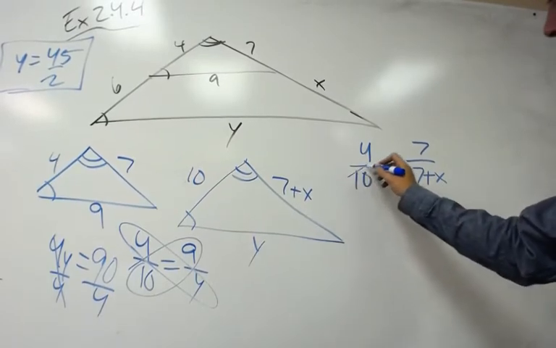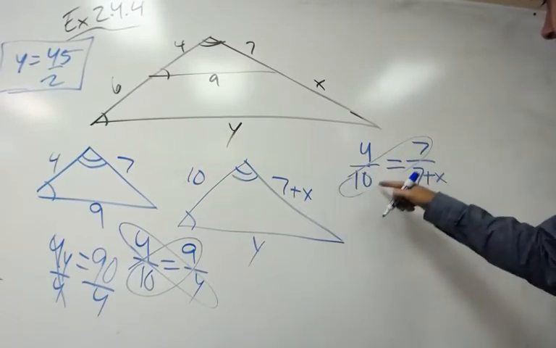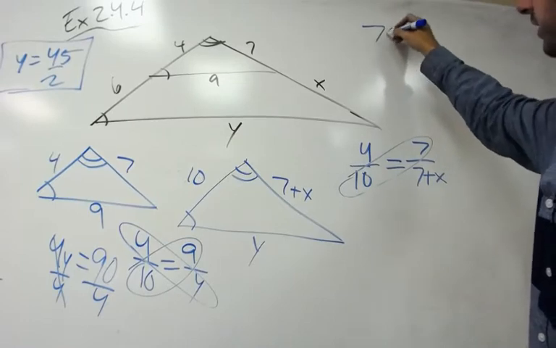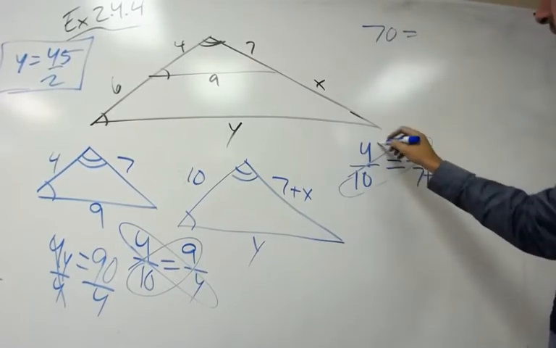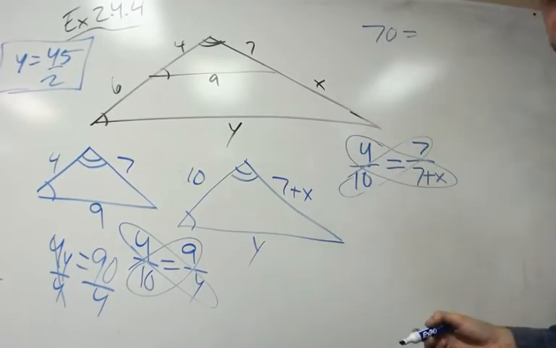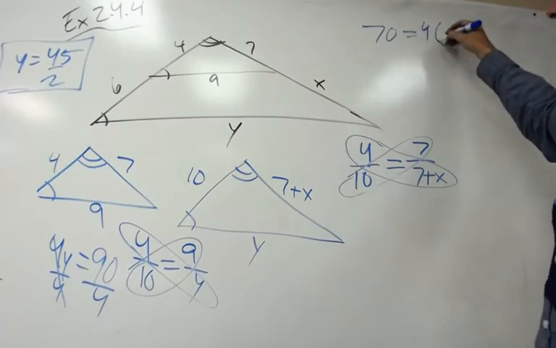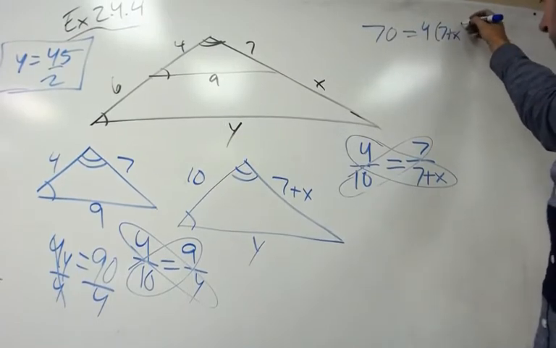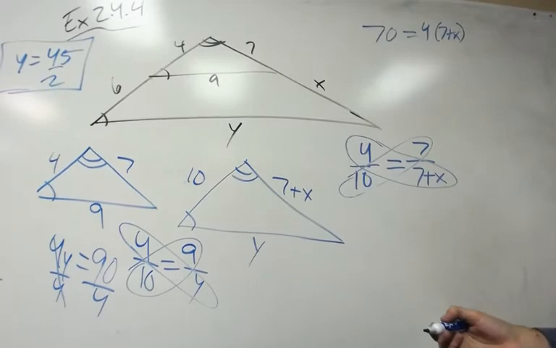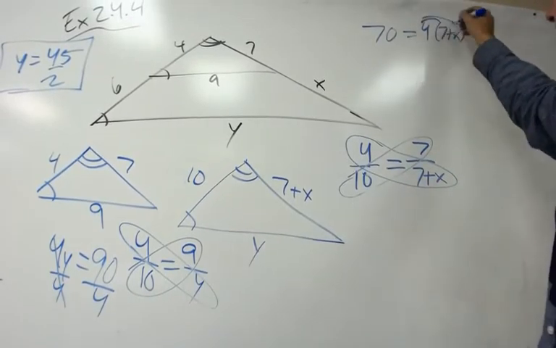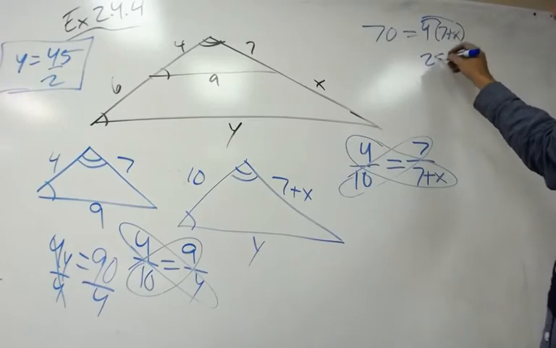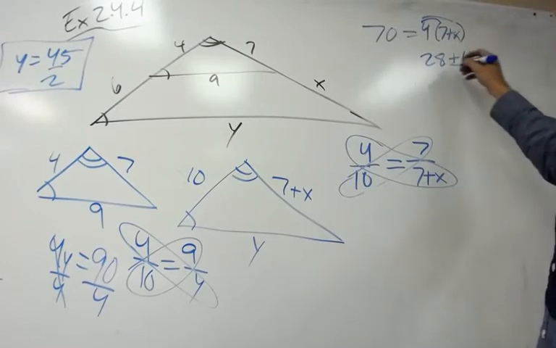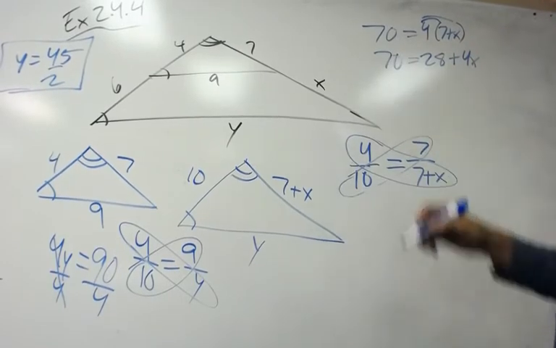Let's look at the easy part first. 7 times 10, 70, equals, when you cross multiply 4 and 7 plus x, you simply put the 7 plus x in parentheses, and then you simply distribute. So 4 times 7 is 28, plus 4x equals 70.